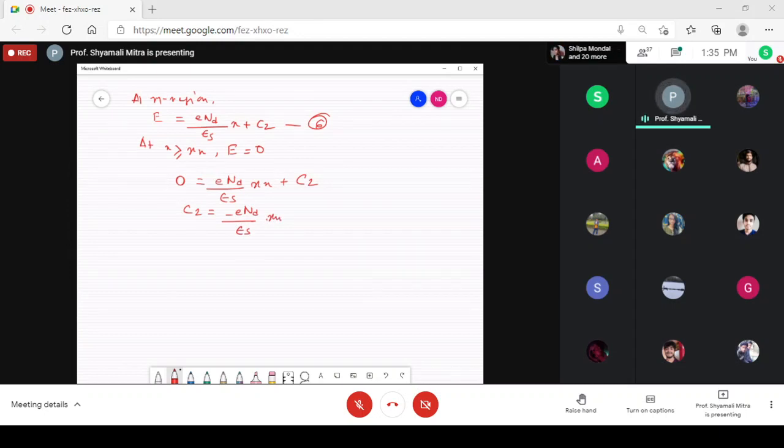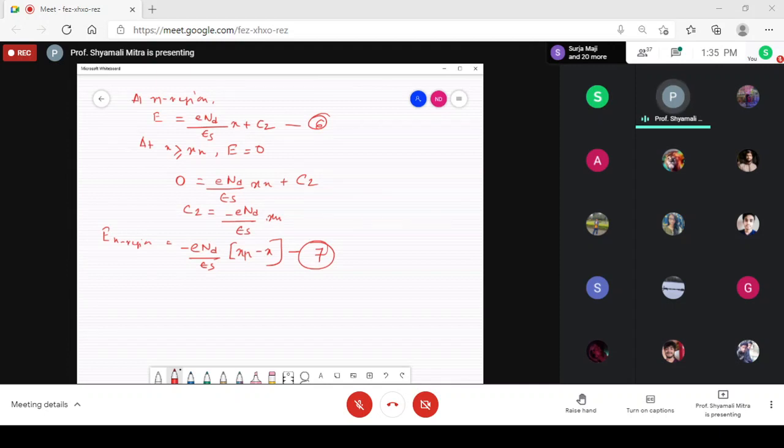Putting this value of C2 into 6, we finally obtain the electric field at the n region, which is nothing but minus qN_D divided by epsilon_s times (x_n minus x). So here are the two equations, equation number 5 and equation number 7.